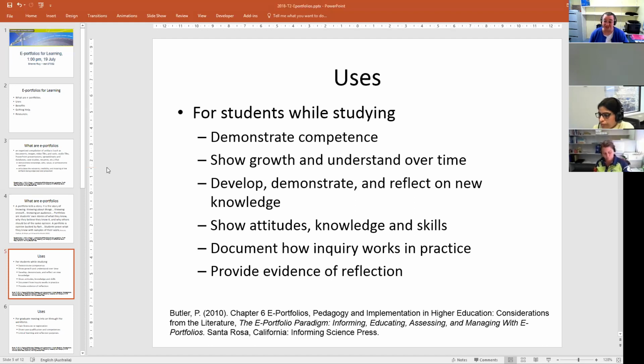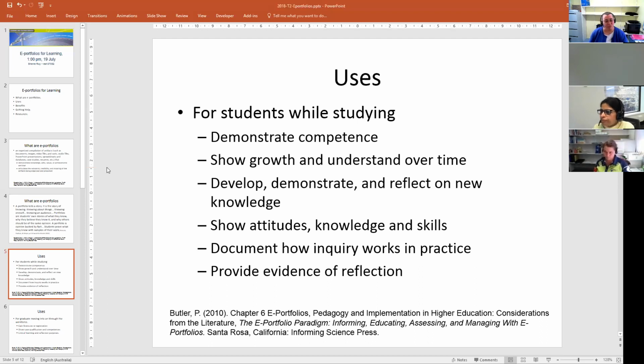Show attitudes, knowledge and skills, and demonstrate how inquiry works in practice. So understanding inquiry, asking the questions and all that goes around in inquiring about something and learning about something. And, as I've said, providing evidence of reflection.